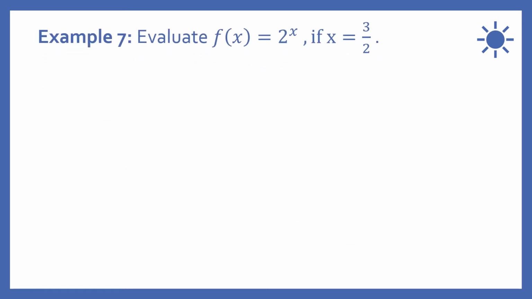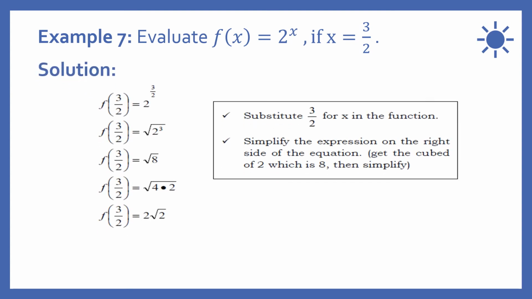Example 7, evaluate f of x equals 2 raised to x if x is equal to 3 over 2. Ayan, iba na naman ito. Yung x natin ngayon ay exponent at ang value pa niya ay fraction. No? Same procedure tayo. Substitute 3 over 2 for x in the function. So, yung x na to papalitan natin ng 3 over 2.